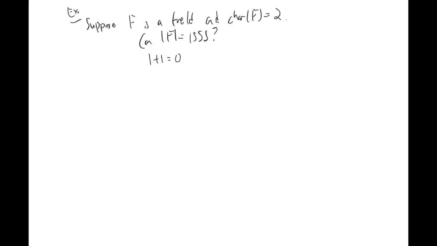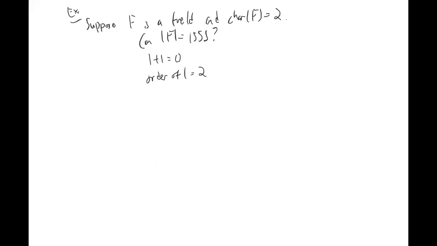It means, what's the order of 1? So think of characteristic as pretty much just the order of 1. It's the smallest n such that when you add 1 to itself n times, it's 0. But 0 is the additive identity, right?